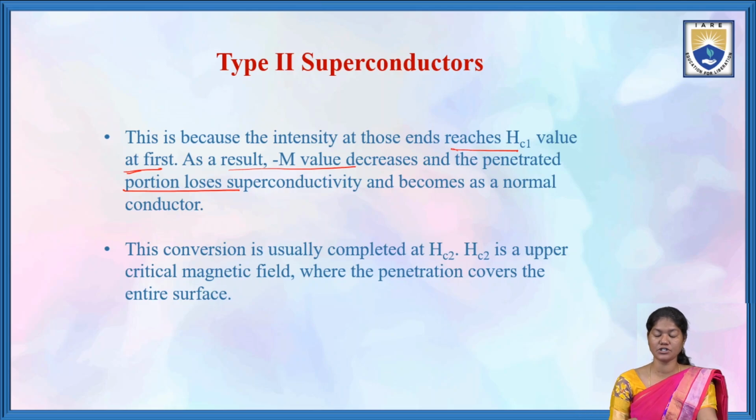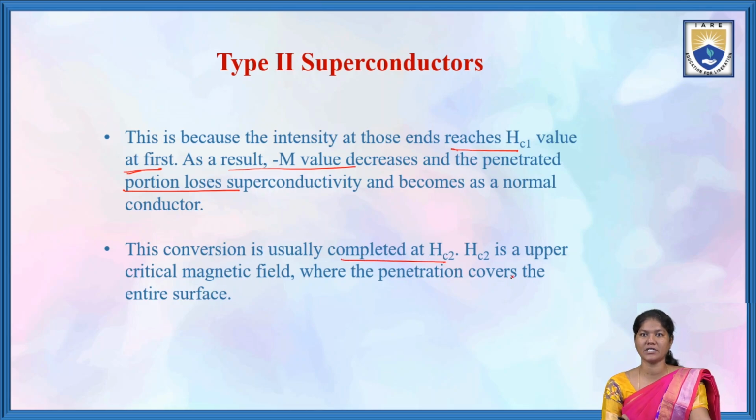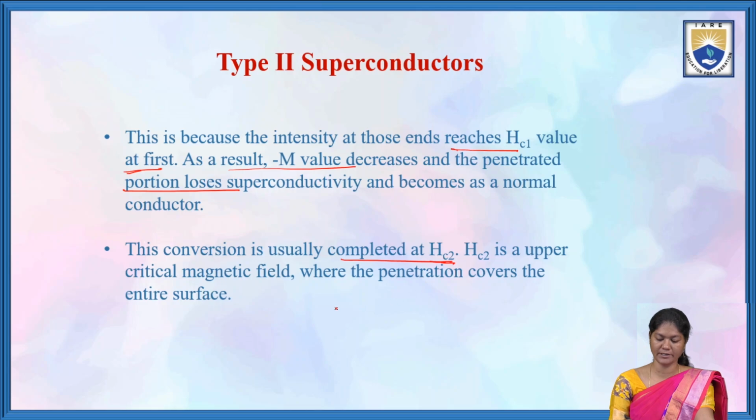So this conversion is usually completed at HC2. The conversion of the superconducting state to the normal conducting state is completed at HC2, the critical magnetic field 2, that is the upper critical magnetic field, where the penetration covers the entire surface.